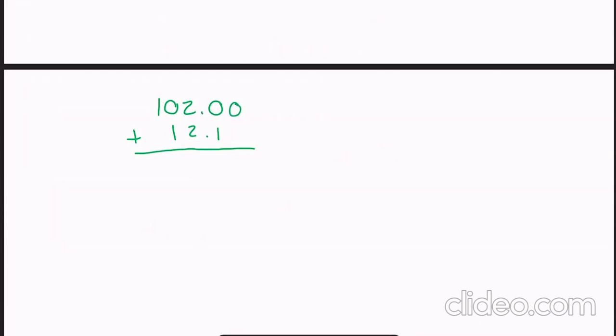And here, again, don't look at the number of significant figures. Let's first write out our calculation. So I have 114.10. Here in the top value, I have 2 past the decimal.